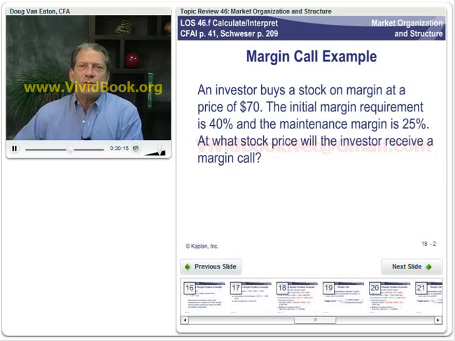So let's go through an example. An investor buys a stock on margin at a price of 70. The initial margin requirement is 40. The maintenance margin requirement is 25. At what stock price will the investor receive a margin call? Well, I know you can apply the formula, but let's try it the way I described there and say, gee, price is 70, initial margin requirement is 40.